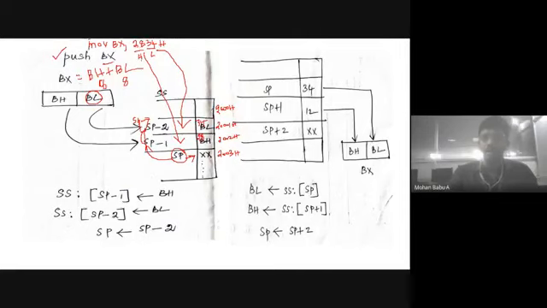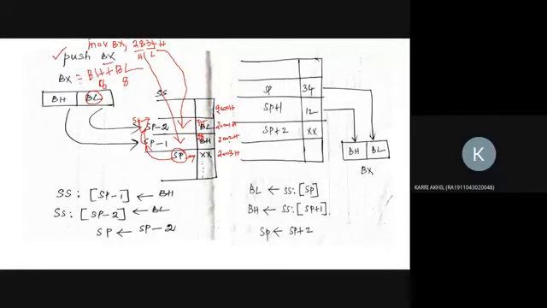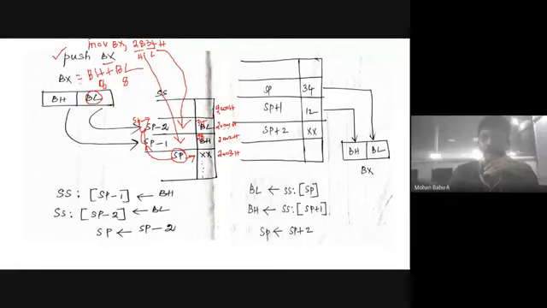First, we will store the higher byte in the higher address, because the segment addresses go 2000, 2001, 2002, 2003. Which one is the higher address here, 2002 or 2001? 2001, sir. This one is the lower address. 2001 is the lower address, 2002 is the higher address.